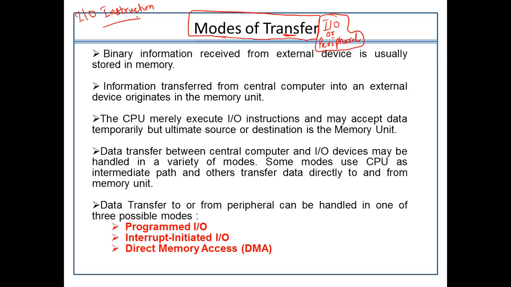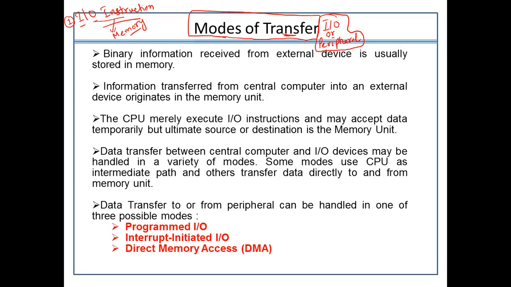Remember the chapter when we were learning about the basic computer organization, there was one type of instruction which was the input output instructions. In that chapter, I explained to you that the input output instructions are the ones which demand that any input unit or output unit wants to take access of the memory.